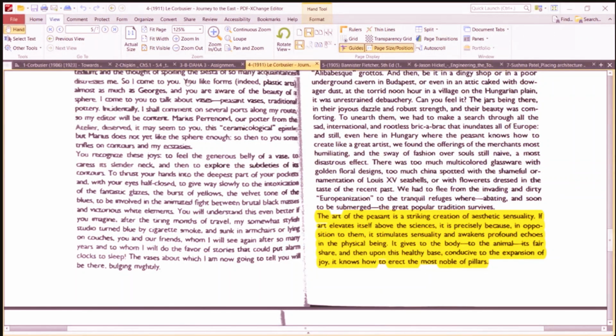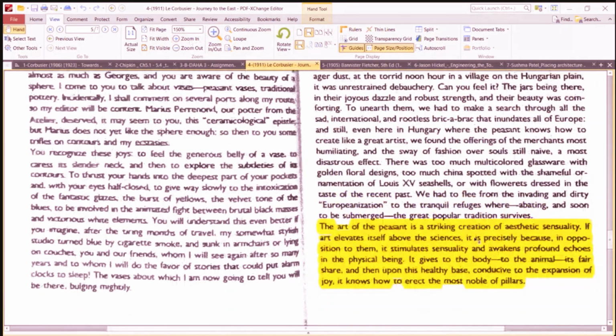Corbusier, the 24-year-old in 1911, says, "The art of the peasant is a striking creation of aesthetic sensuality. If art elevates itself above the sciences, it is precisely because, in opposition to them, it stimulates sensuality and awakens profound echoes in the physical being."